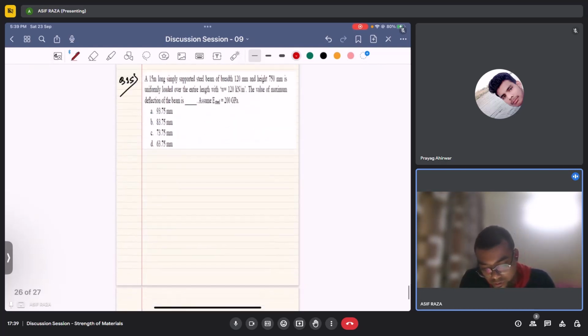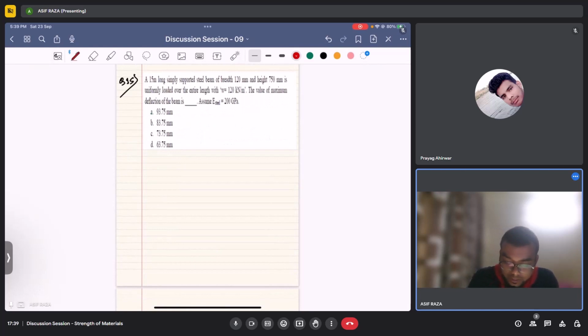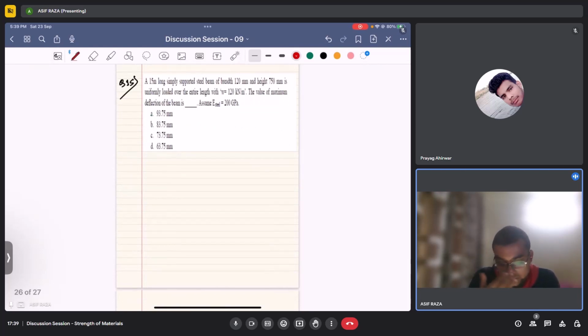Now moving on to question number 15. A bit of calculation is required in this case, but this is also an easy question. So let's do this. Question: a 15-meter long simply supported steel beam of breadth 120 mm and height 750 mm is uniformly loaded over the entire length with w equal to 120 kN per meter.